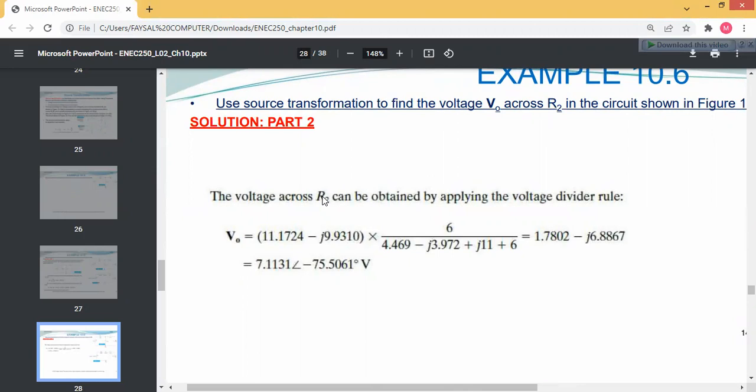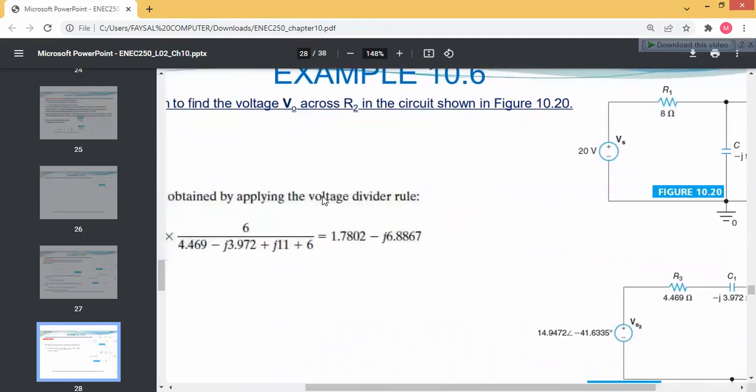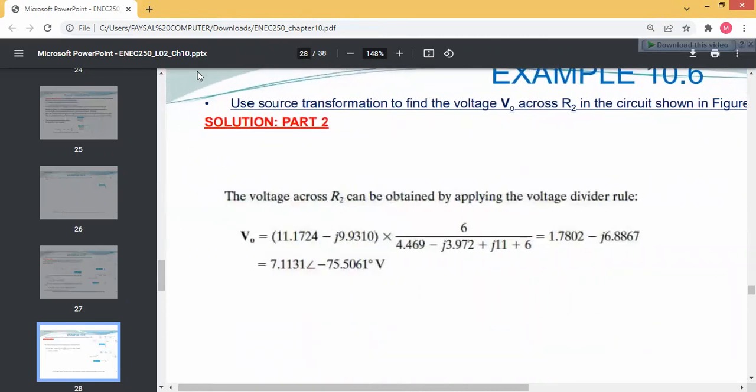So it will be equal to 11.172, the real part, minus the imaginary part 9.9310, multiplied by 6 divided by 4.469 minus j3.972 plus j11 plus 6.